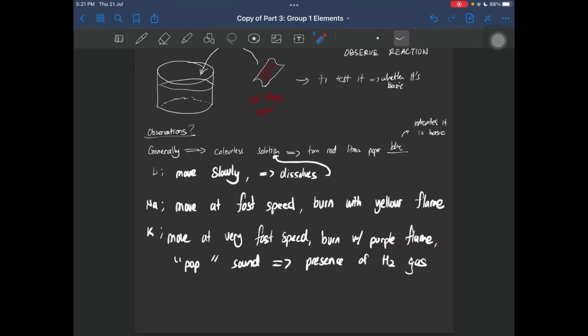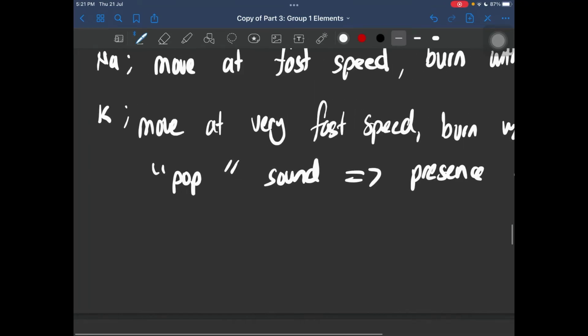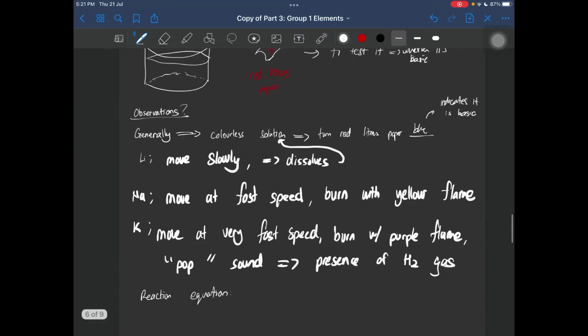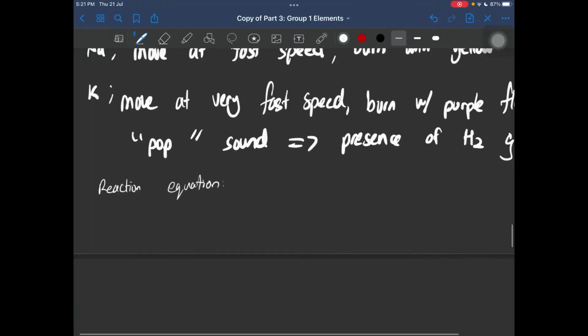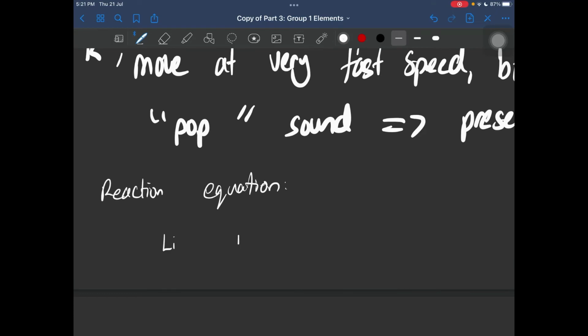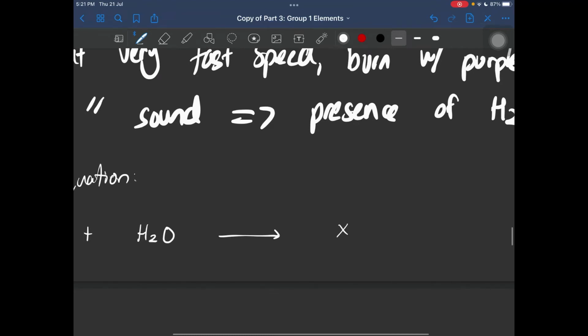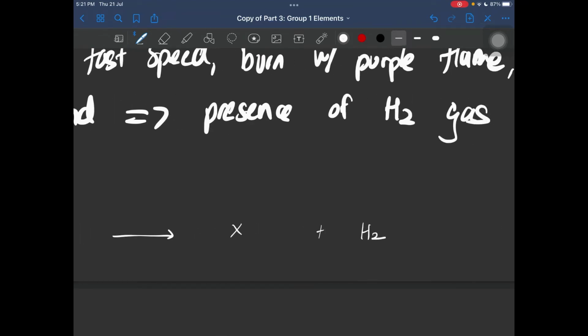So what is the reaction equation? Let's do the reaction equation here. Okay, let's take lithium. The reactants are the alkali metal and also the water, lithium and water, and it's going to produce products, which is something here, and we know that there's hydrogen gas.